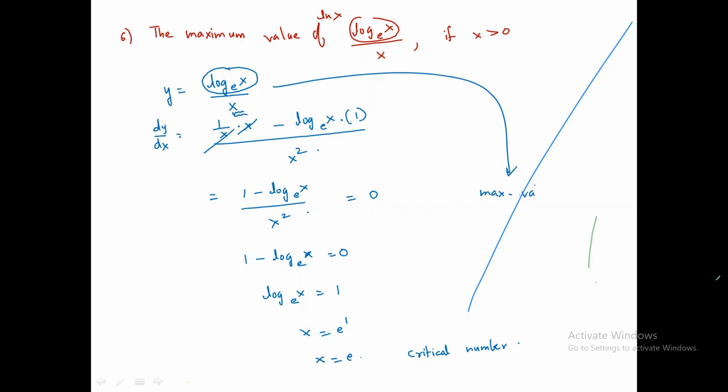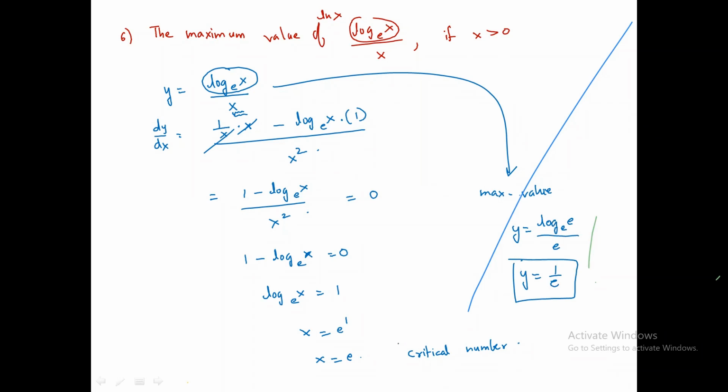Value means y. So in y you have to put x is e. Log e base e by e is 1 by e. This is the maximum value which is given in the options.